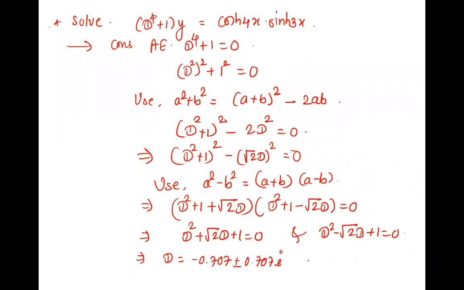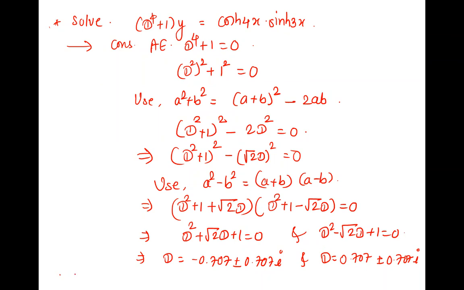We are writing up to 3 decimals. And d is, if it is plus and minus, the first sign will change only. 0.707 plus minus, please check. Corrected? Yes, ma'am. So alpha plus minus i beta, alpha plus minus i beta.